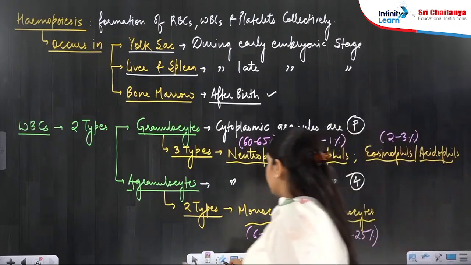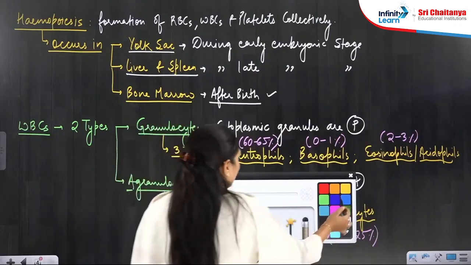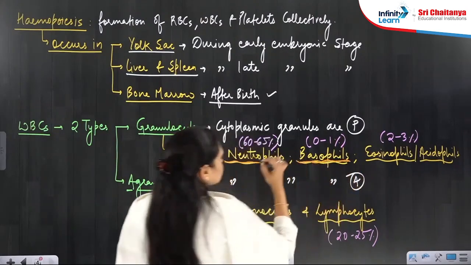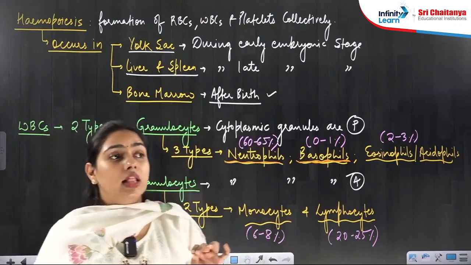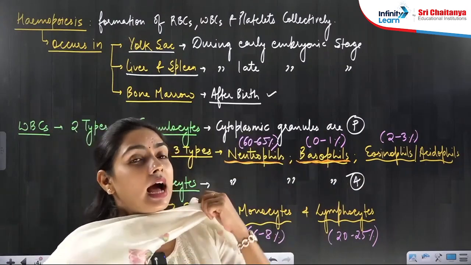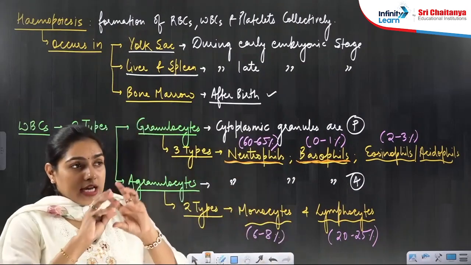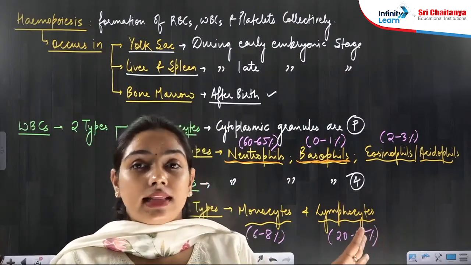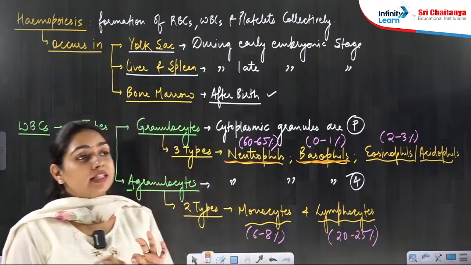But mostly they will ask you about the most abundant and least abundant. The shape of the nucleus is different in all of these.